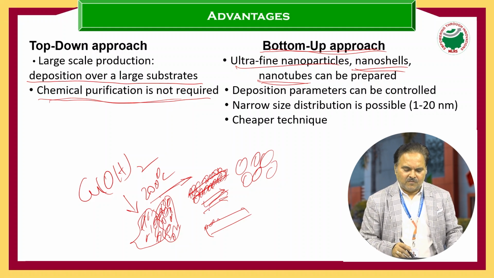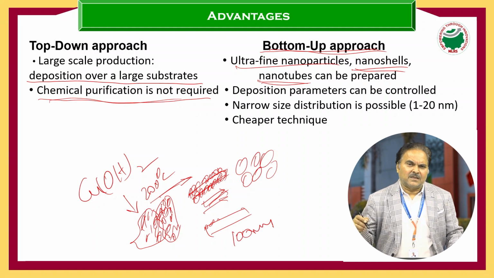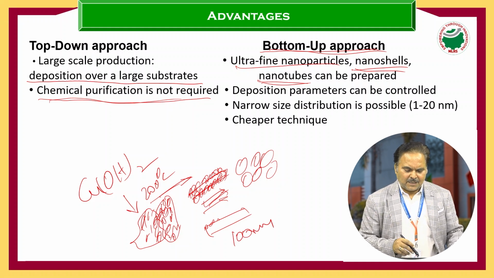It will be only a few nanometers, maybe a maximum of 100 nanometers, and the length of the tube depends on that. So that's how we can make nanotubes, as well as nanocells like nanoparticles.